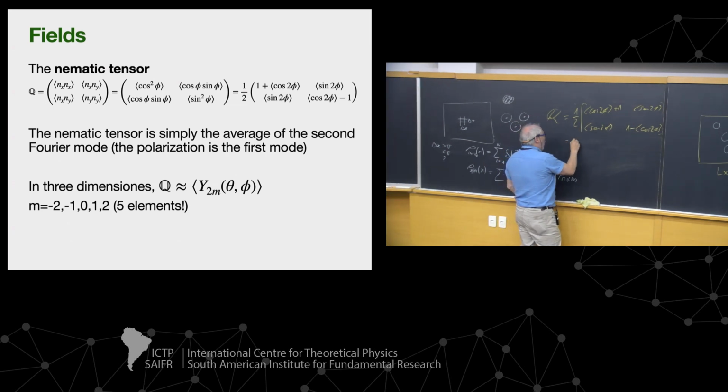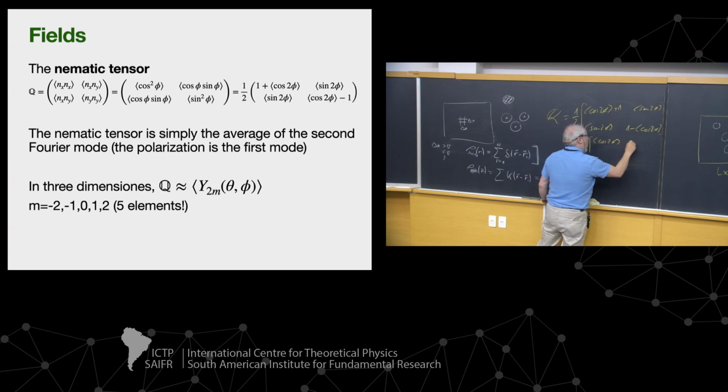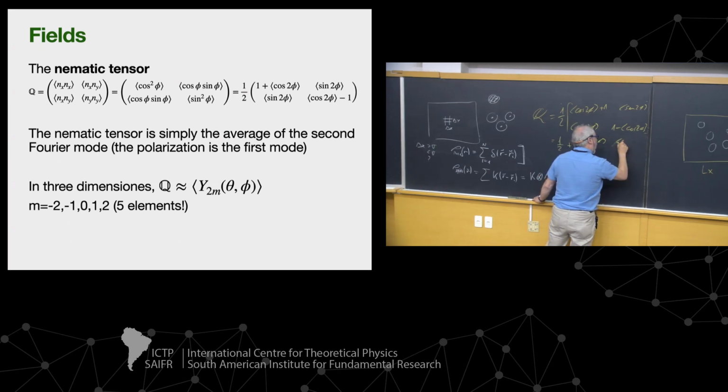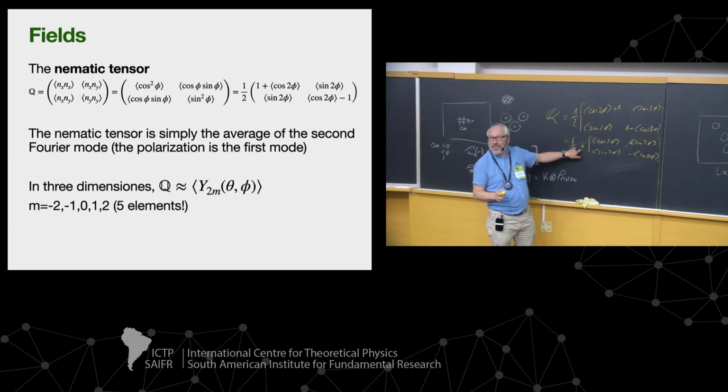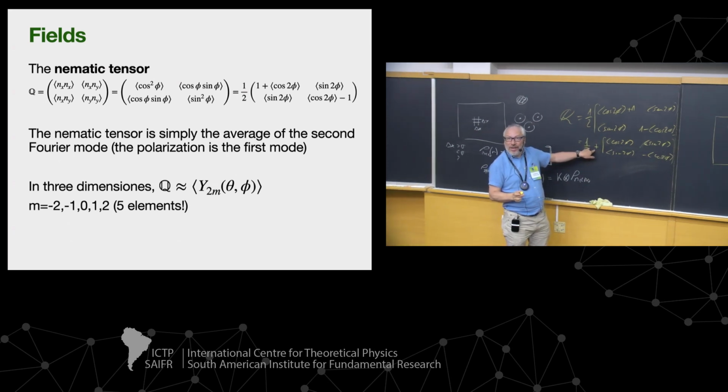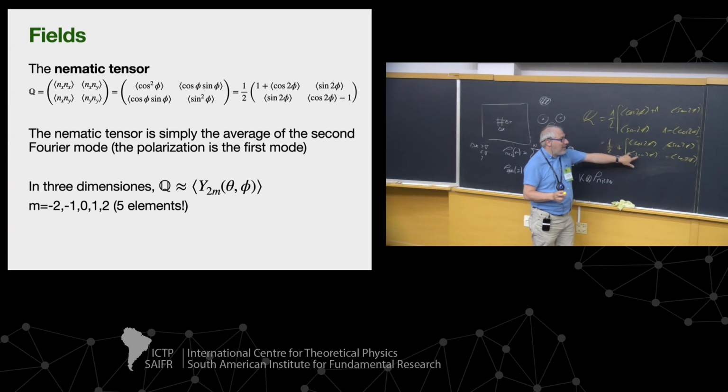That is 1/2 plus cos, sine, sine 2 phi minus cos 2 phi. Yes? And this is the one that she was extracting yesterday, because she was defining Q as this matrix minus 1. This is the one.